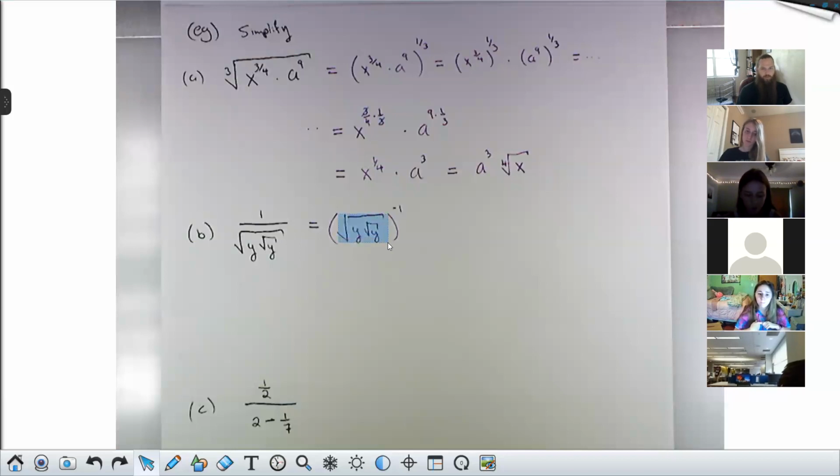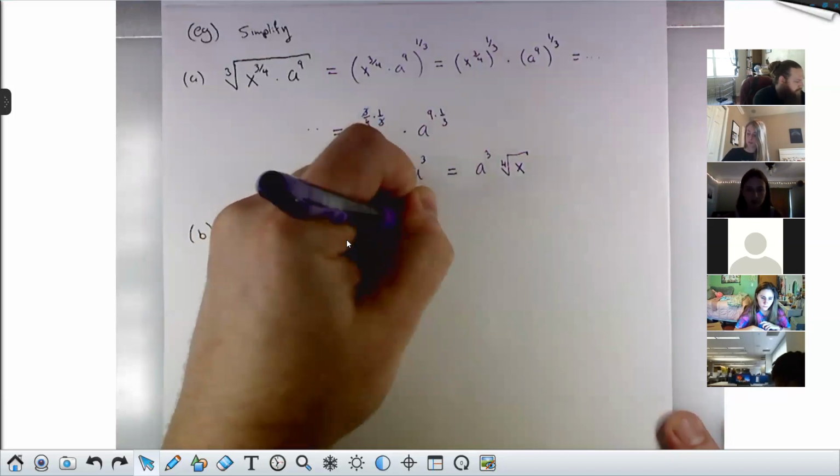This expression itself looks a little intimidating, right? But if we look one piece at a time, right here, this little root y inside the big root, that's y to the 1/2. And you know that this big root is really a 1/2 power also. So let me do this.